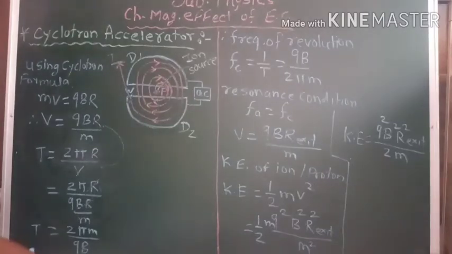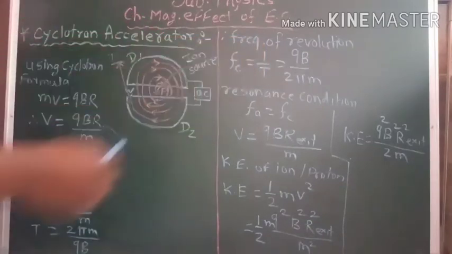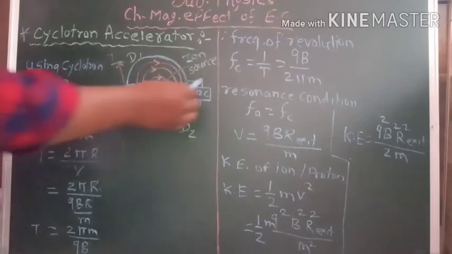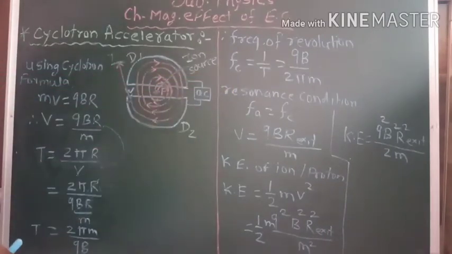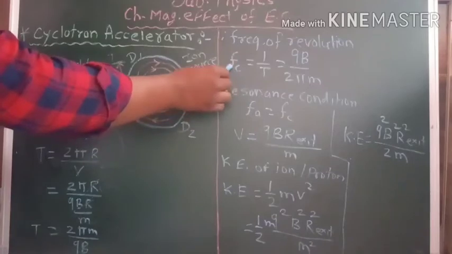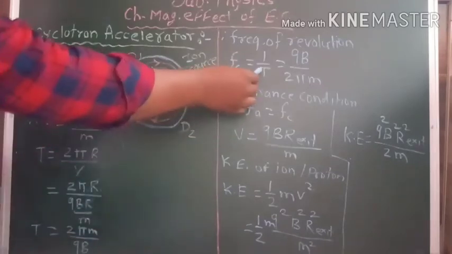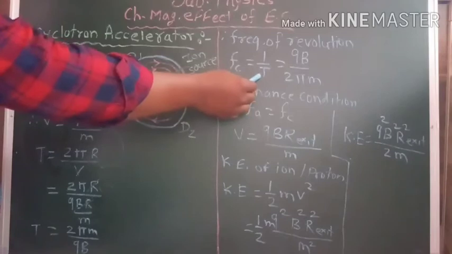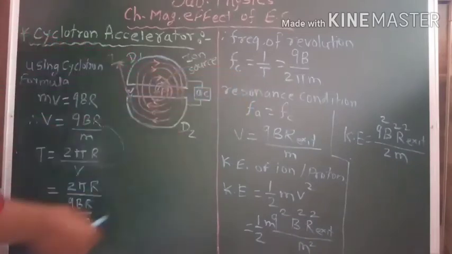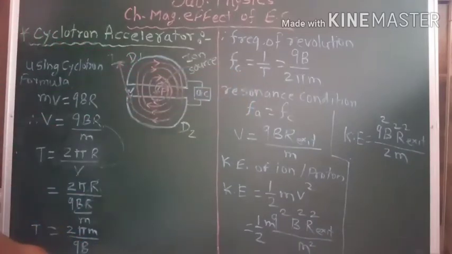Then we know that the frequency of revolution is also called the cyclotron frequency. Frequency is the reciprocal of the time period. That is, the frequency of revolution, denoted by Fc, the cyclotron frequency, is equal to the reciprocal of the time period, that is 1 upon T. We know the value of T is 2 pi m upon BQ.